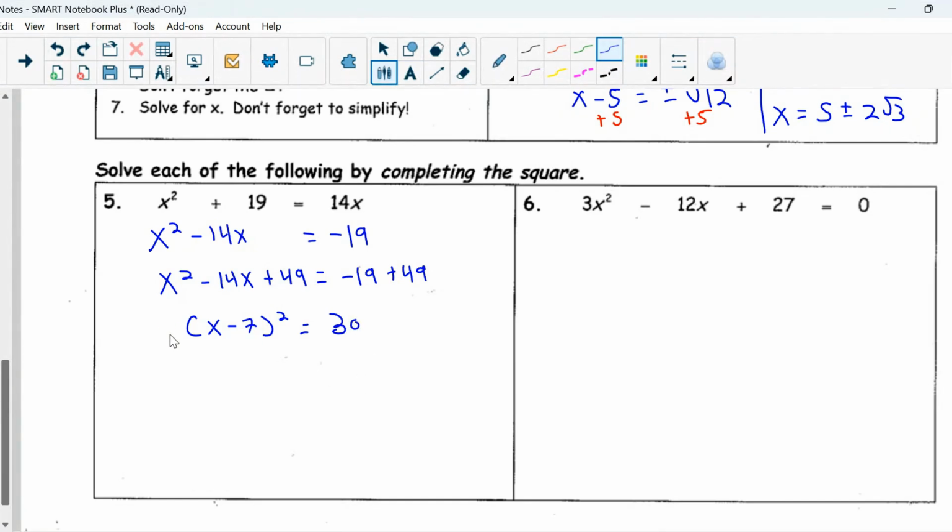From here, take the square root of both sides, which leaves me with x minus 7 equals plus or minus the square root of 30. Okay, we cannot simplify the square root of 30.